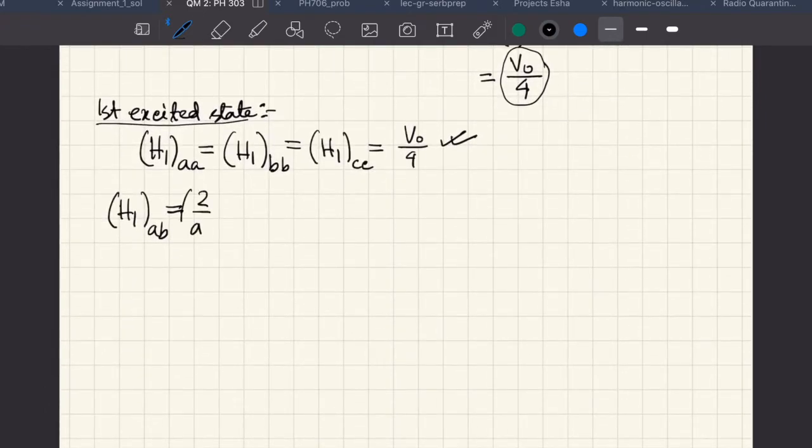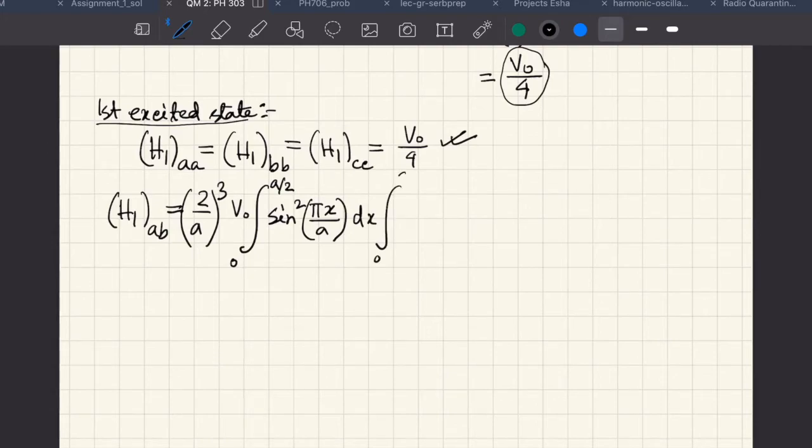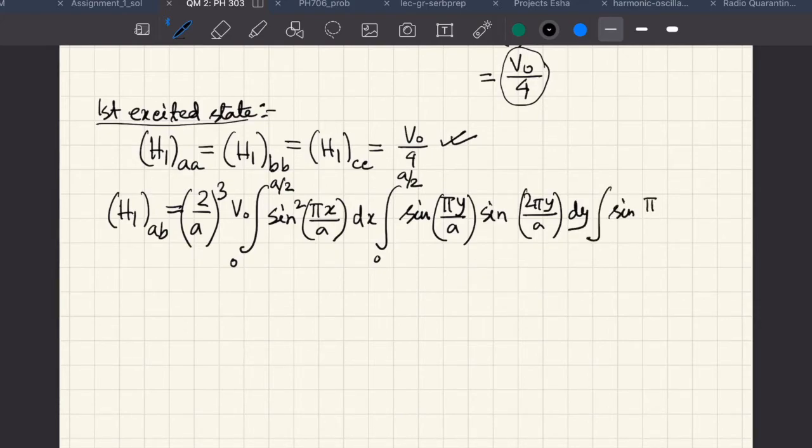If you want to evaluate, you do this: 2 by A whole cube V naught, from 0 to A by 2 sine square pi x by A dx, and then 0 to A by 2 sine pi y by A sine 2 pi y by A dy, and then sine pi z by A sine 2 pi z by A dz.